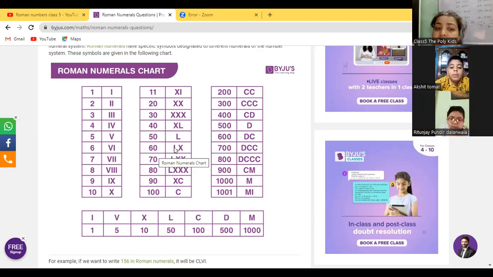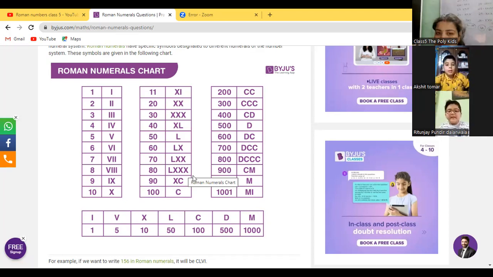Here 60 means 50 plus 10, so it is 50 and 10, LX. Ma'am, 70 is LXX. Yes. 80 is LXXX. Now 90 and 100. C means 100. So 90 will be XC.